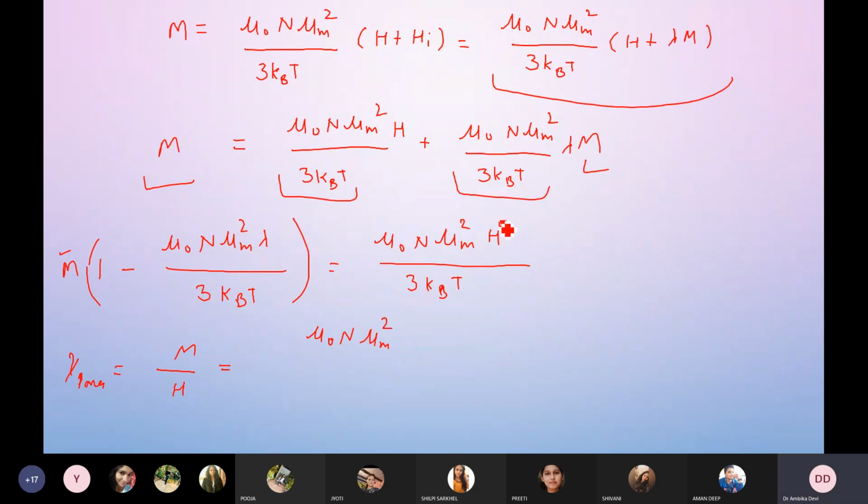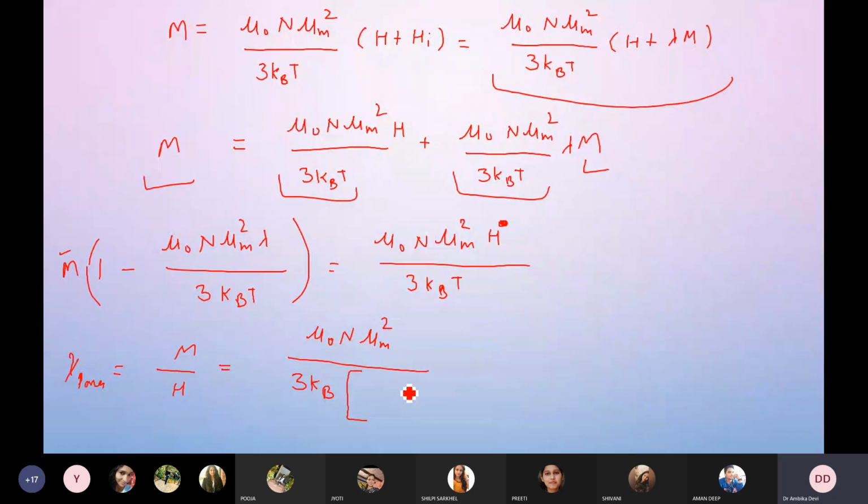This is not square, so don't get confused. Mu naught N mu M square divided by H we have already taken on the left hand side. So this is 3 kB and T we will be taking inside.